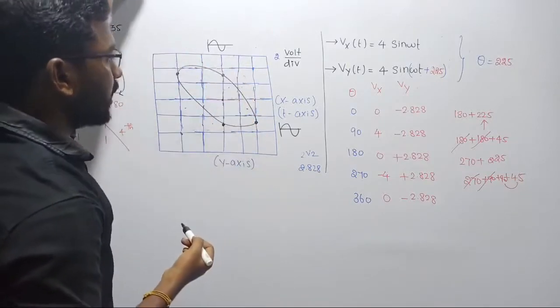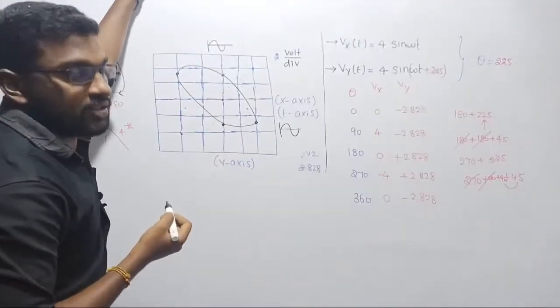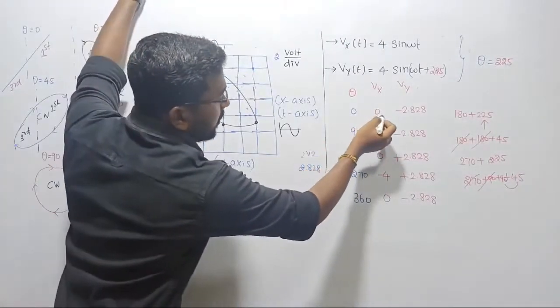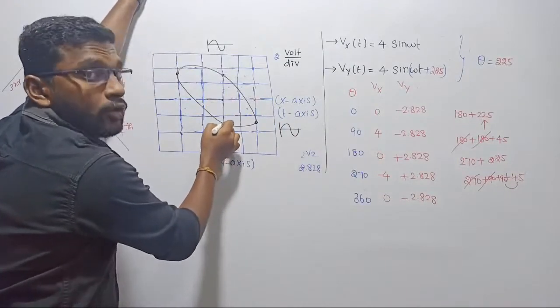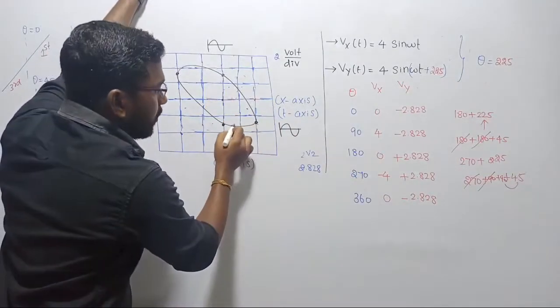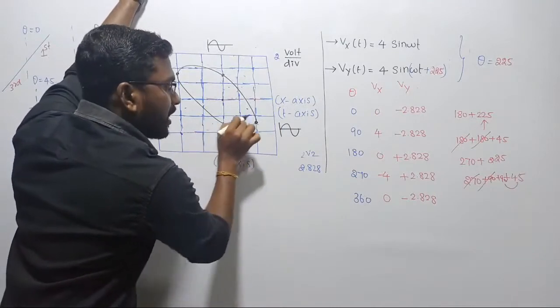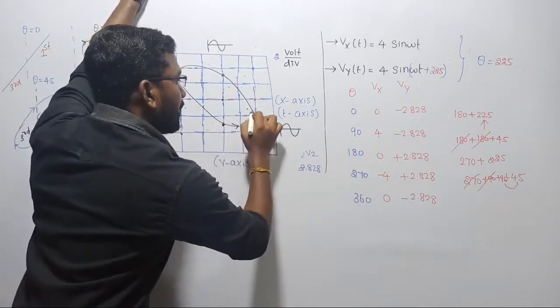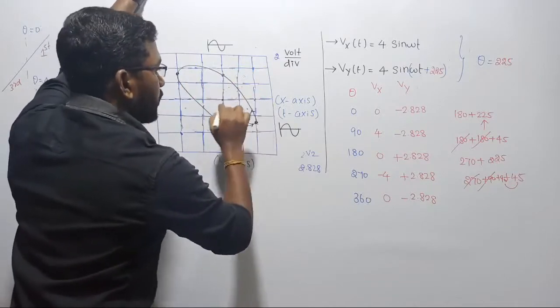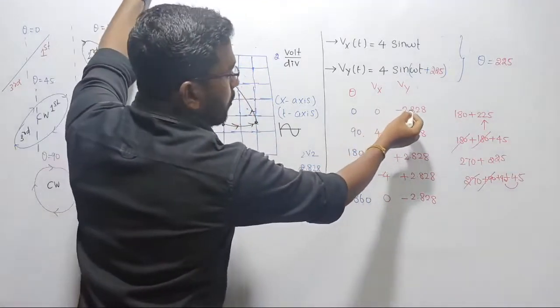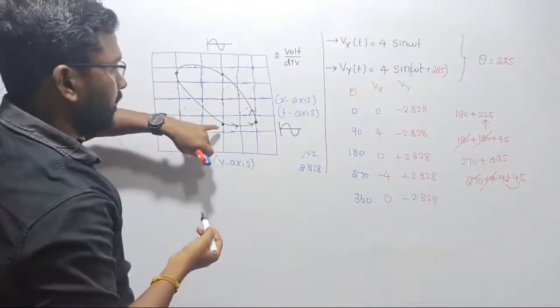Now please observe carefully where we started our journey. Initially I started with 0 comma minus 2.8. This is the first point I took, and the second point is here, so I was traveling in this direction. Then I went up to this point.